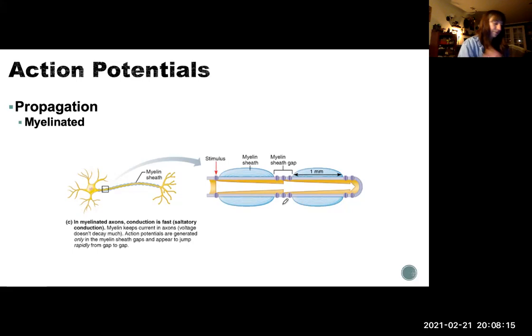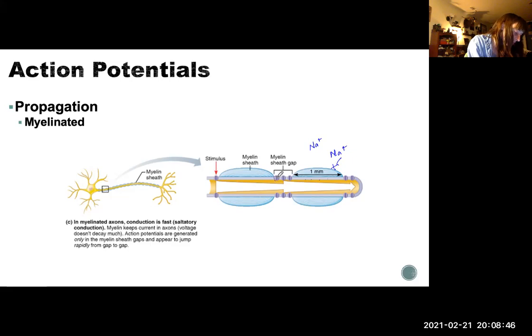So where there is a myelin sheath wrapping the axon, it's not exposed to the extracellular fluid. And that's where the sodium ions are, right? So if you've got your little sodium ions floating around in the extracellular fluid, they can't get through the myelin sheath, right? So you don't have any voltage-gated channels there.